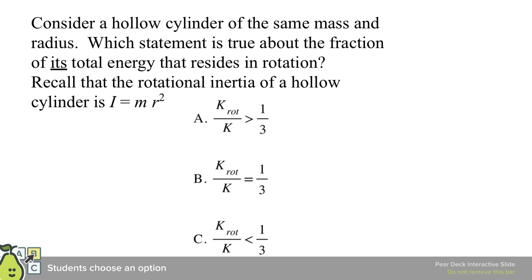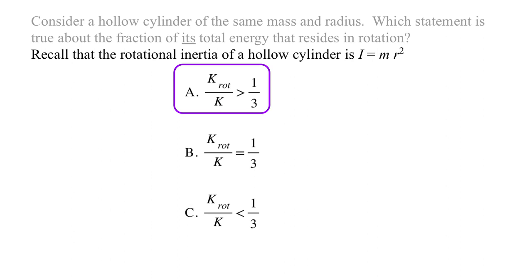Consider a hollow cylinder of the same mass and radius. Which statement is true about the fraction of its total energy that resides in rotational energy? Remember, the rotational inertia of a hollow cylinder is mr squared. So our answer is that K rotation is more than 1/3 in this case. Why is that?